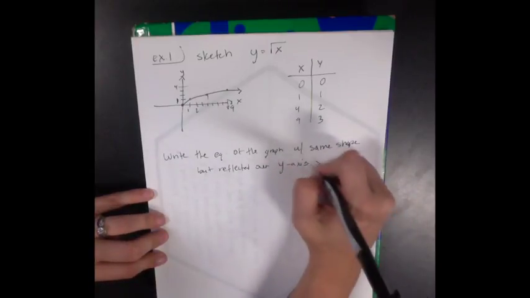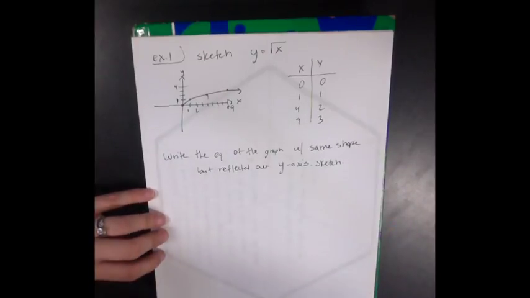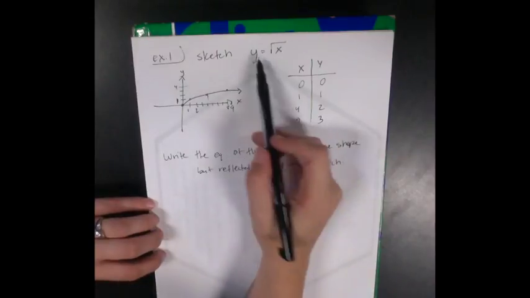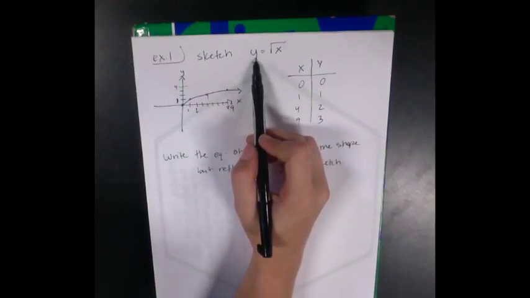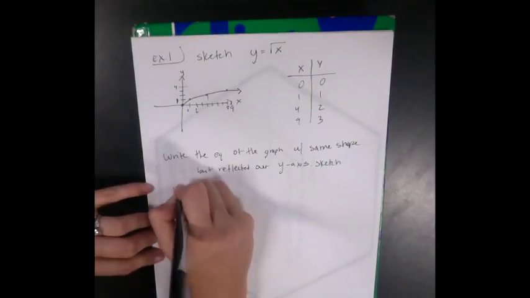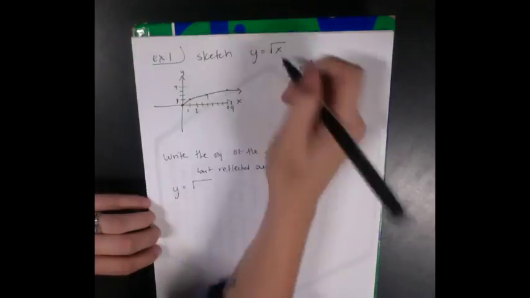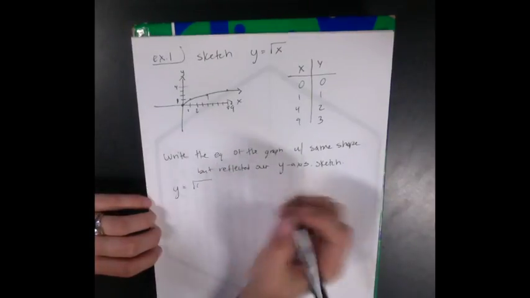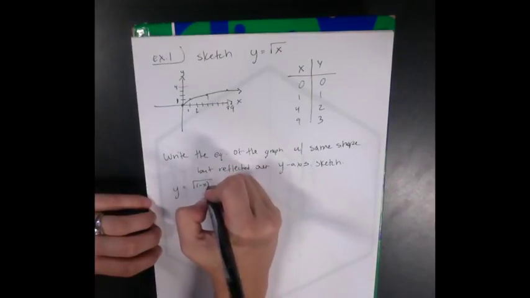And we want to sketch. Now we remember that to reflect over the y-axis, I am affecting the x. So before I just had the square root of x, now I'm going to have the square root of negative x. I replace x with negative x.